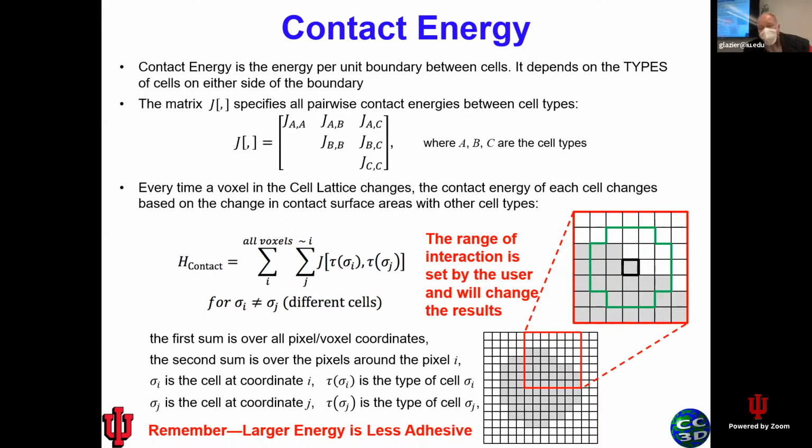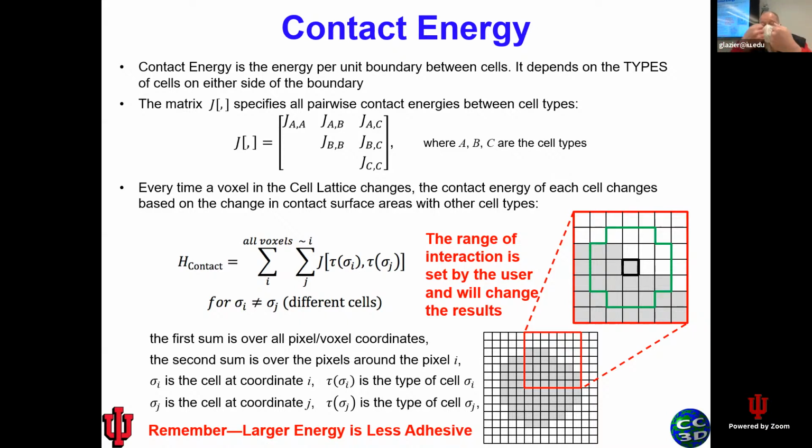So contact energy is an energy that depends on the surface, like the surface area constraint, but the energy contribution per unit surface isn't just a number, which is the area. It's the area times the energy per unit surface area, and that energy depends on what is on either side of the boundary.